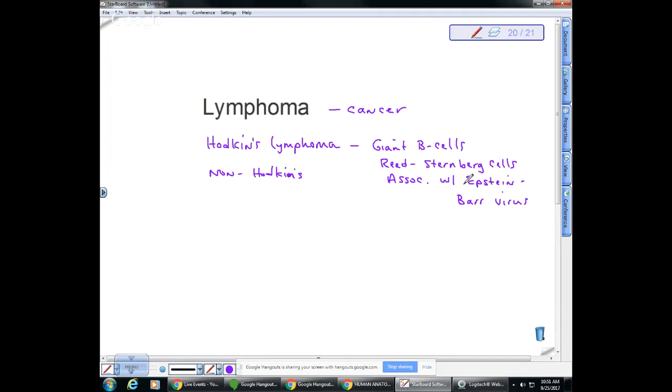And then the non-Hodgkin's has no large cells, but you get cancer of undifferentiated B and T cells. So that's non-Hodgkin's. Which one's the rare one?